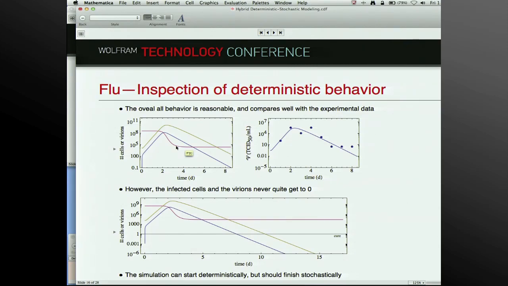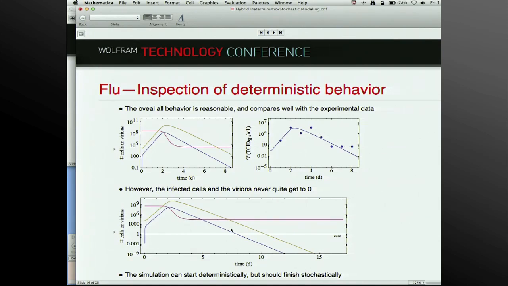They're not replaced, and they will decay away, and when the number of healthy cells gets small enough, there are not enough around to get infected, and then the infection starts to die off because the infected cells do die and are not replaced. The model fits the experimental data pretty well.